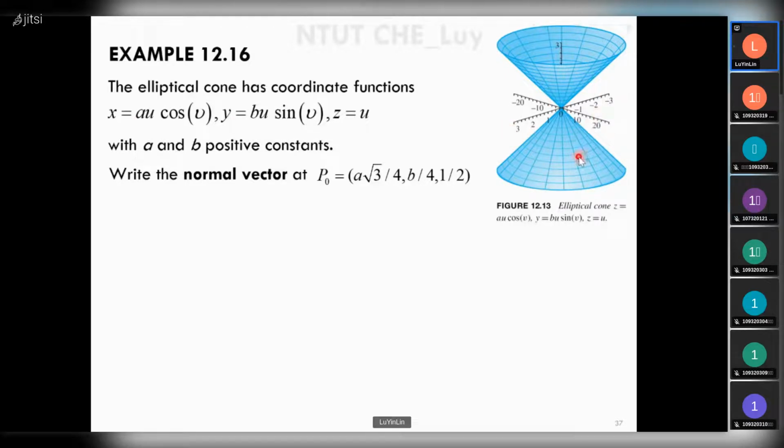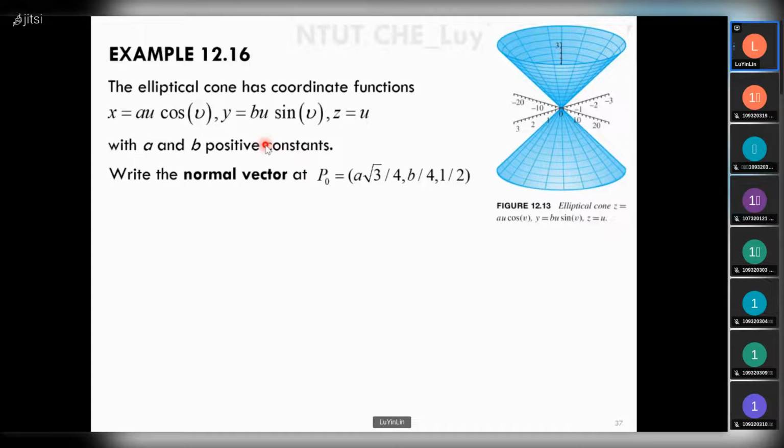The surface is in three-dimensional space, so we use x, y, z to represent every point on the surface. Because it is a surface, there are u and v. We use the variables u and v to represent every point x, y, z on the surface. And a, b are positive constants.